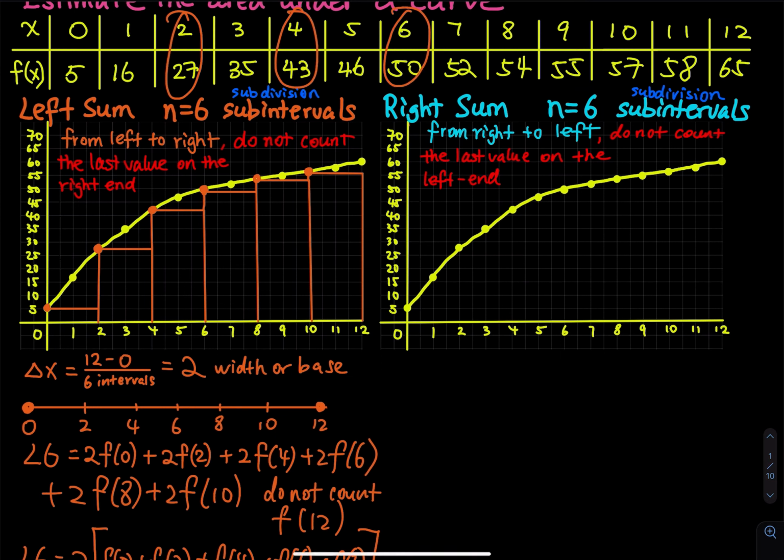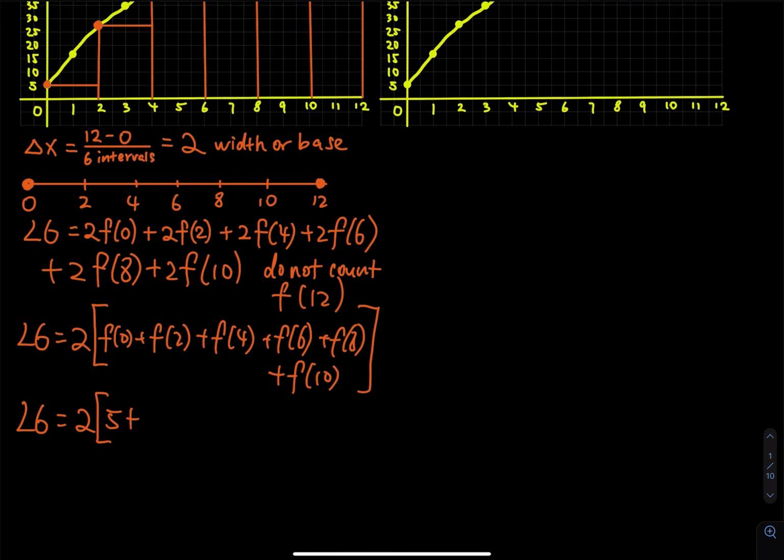You have to take the 50, the 54, and the 57. We are going to take all these values. So let me get rid of this circle so that won't make my notes too messy. And then plus 27, f of 4, that is 43, f of 6, that is 50, f of 8, that is 54, and then f of 10, that is 57.